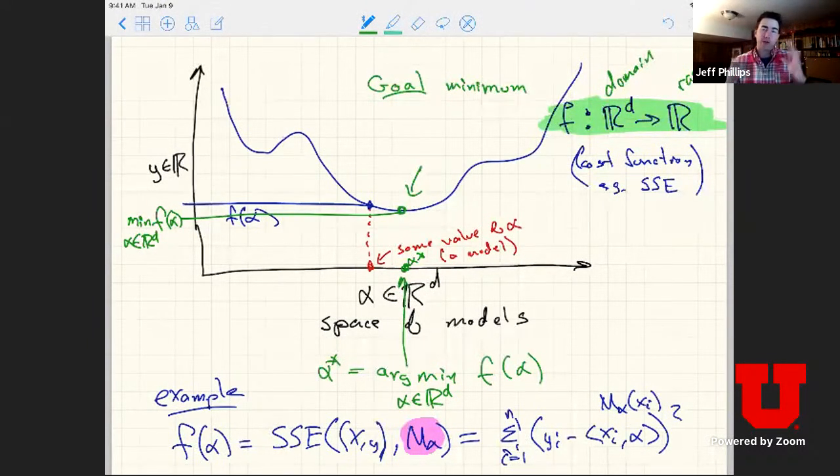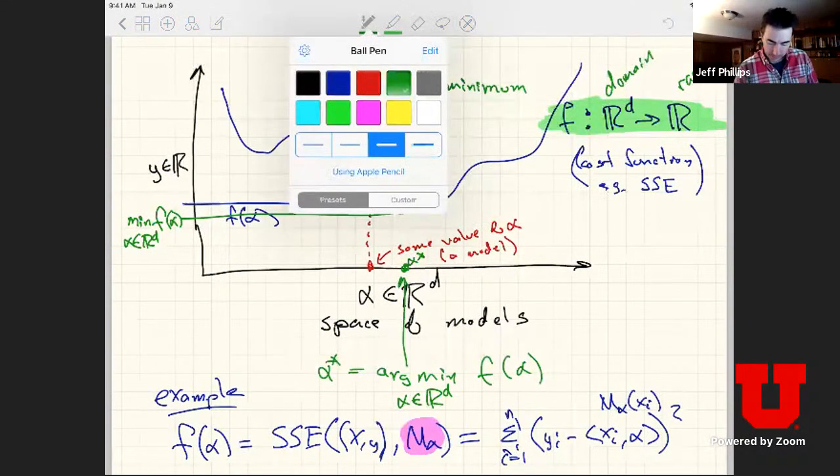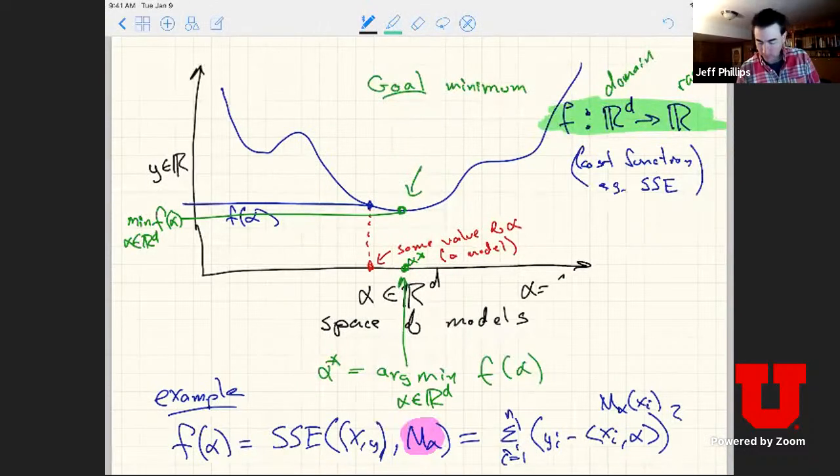It takes a value from R^d, and this could be an alpha vector, where alpha is equal to alpha 1, alpha 2, up to alpha d, right? And it outputs a single scalar value. For every vector alpha, there's exactly one scalar value that's output, right?